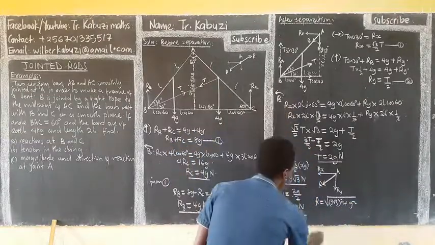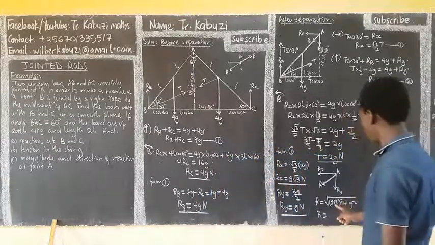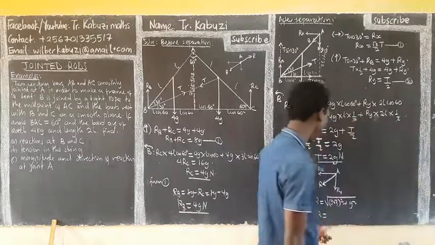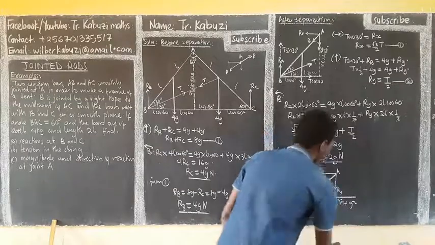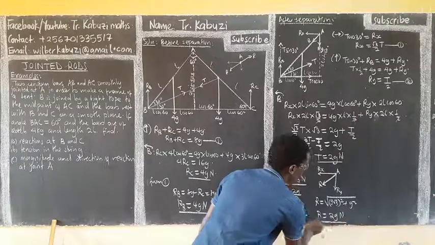And from there, our reaction here is going to be, I think you see this is going to be g, but it's giving me 2g, because you see this squared, we pull it out, I have 2g. So I'm getting this as 2g newtons.